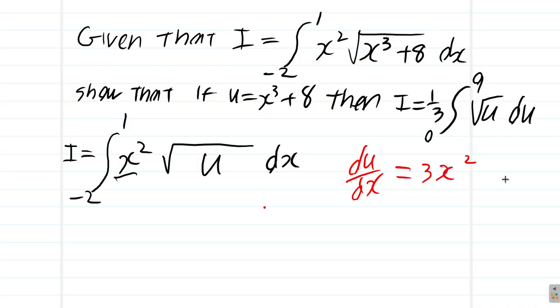So what is dx? Dx would be, when you transpose it, du over 3x squared. You see that? So what we have is the integral of x squared, square root of u dx.